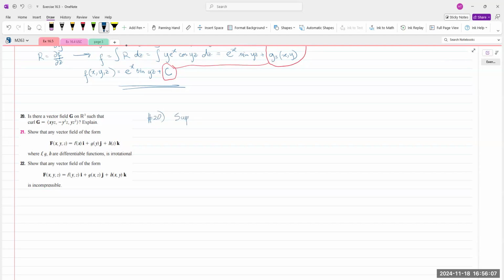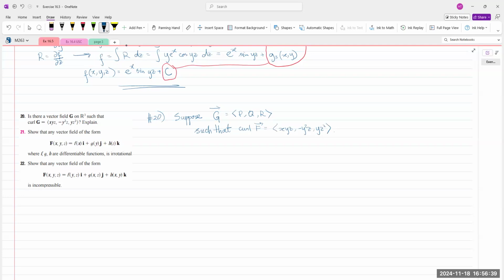Suppose G is a vector field PQR such that the curl of G is equal to (xyz, -y²z, yz²).